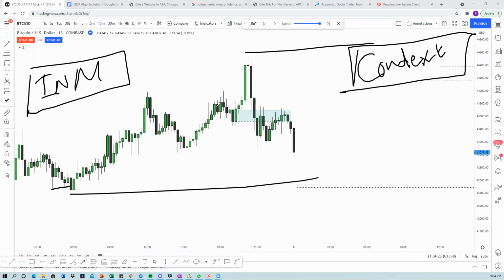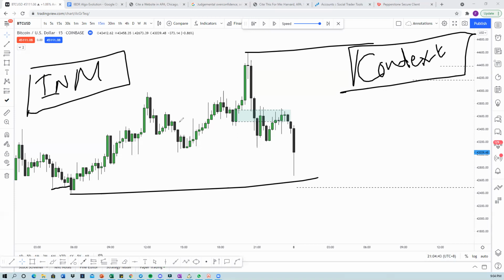Any selling that we do occurs inside of the current dealing range, and price tends to not go outside of the dealing range until it has met its draw on liquidity.